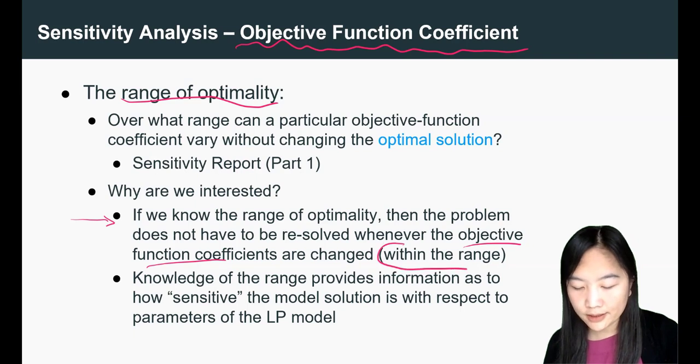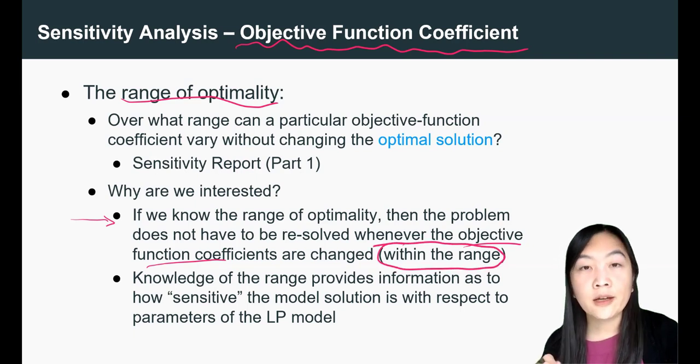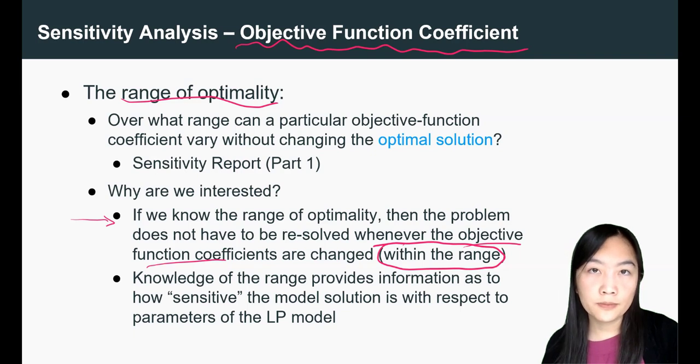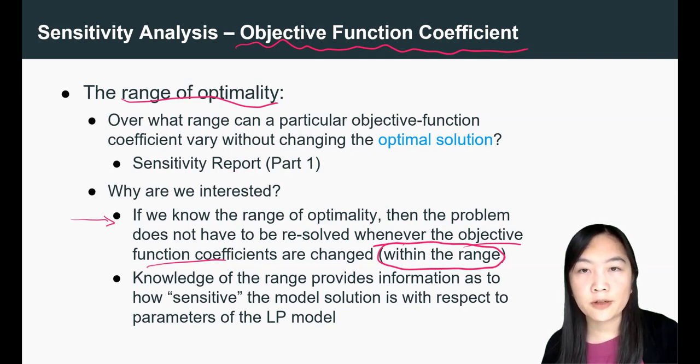Of course, the new objective function coefficient needs to be within the range of optimality. If the new coefficient that you are providing is within that range, then you don't need to solve the linear problem again. You already know what the solutions are.